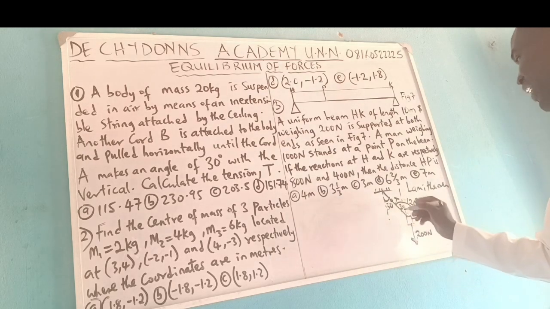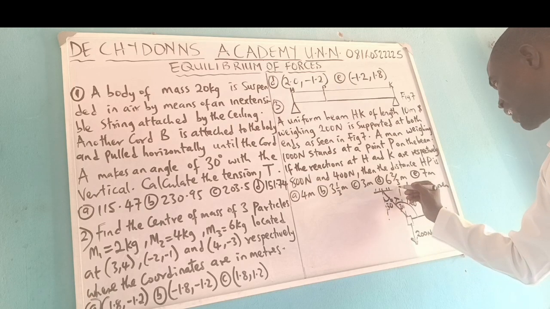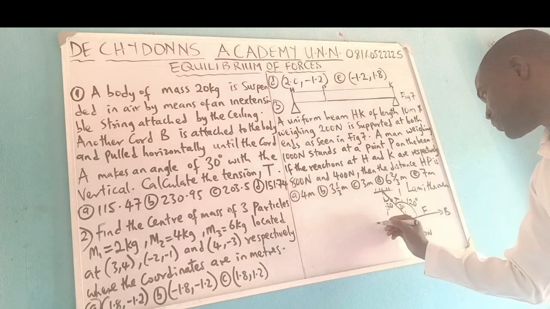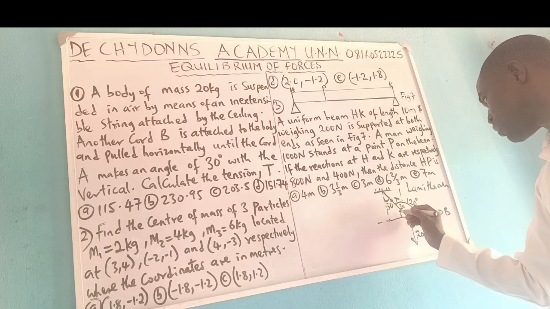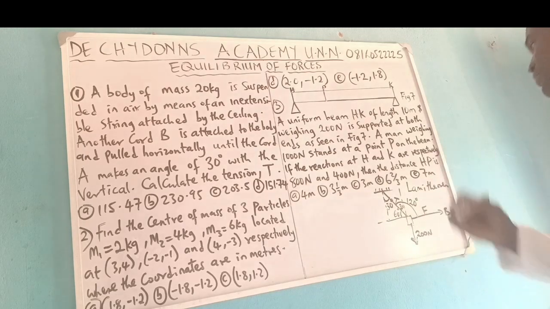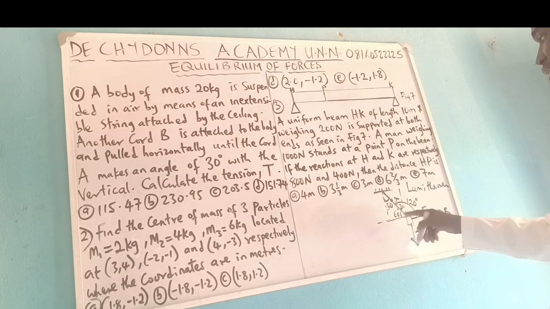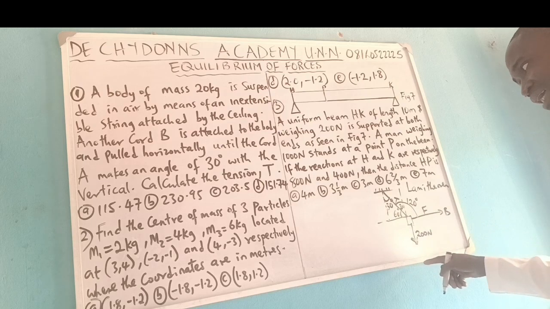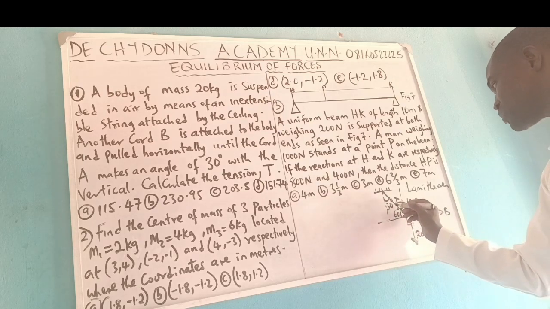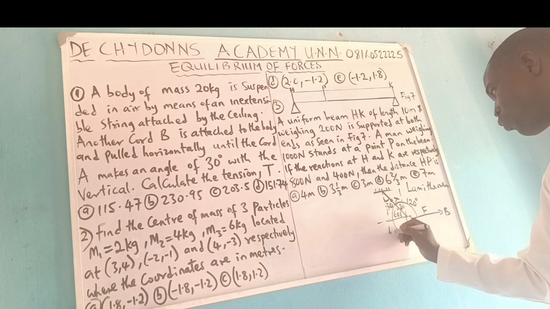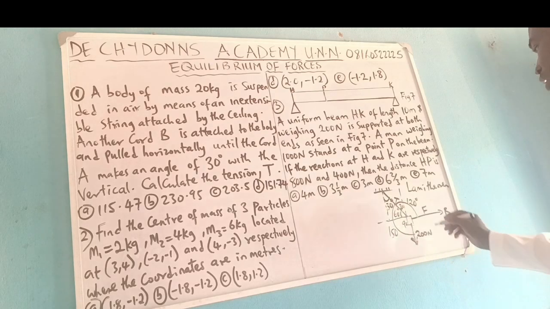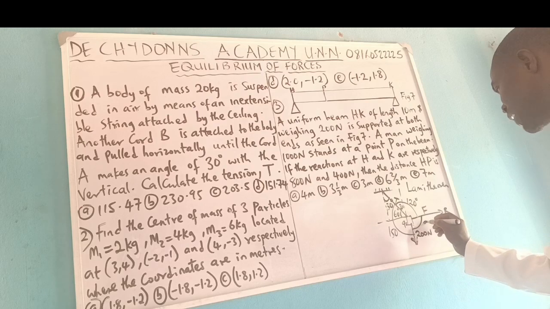Then here is 30, alternate to this 30, so the implication is that here should be 60 degrees. So 30 plus 60 gives you 90. Here is already 90, horizontal and vertical. 90 plus 60 gives a total of 150. And here is 90.